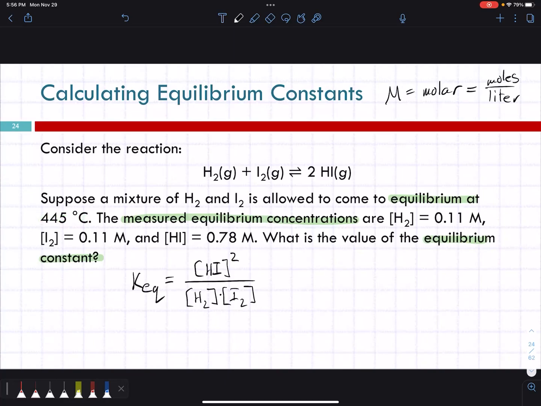Right. So once we have this equation, and we have our concentrations at equilibrium, we can just punch those numbers in and calculate what KEQ is. So HI is going to be 0.78 squared. And we're going to have 0.11 times 0.11.